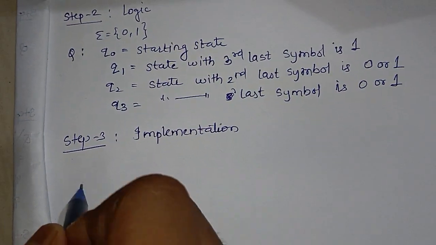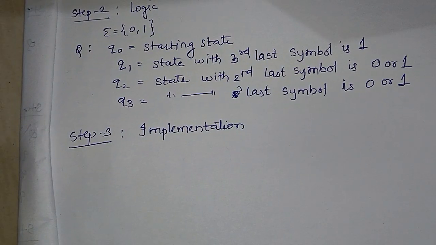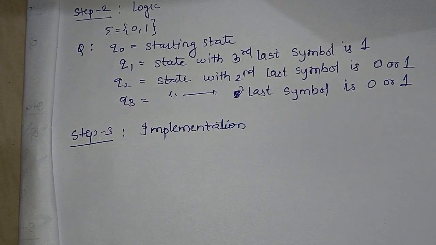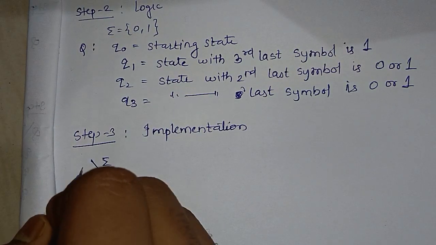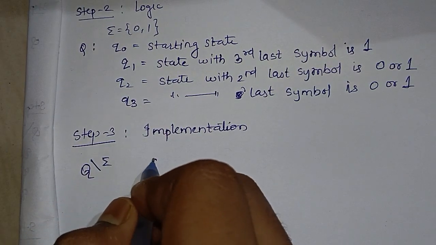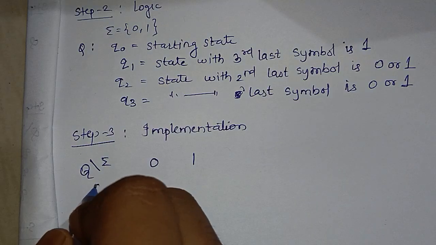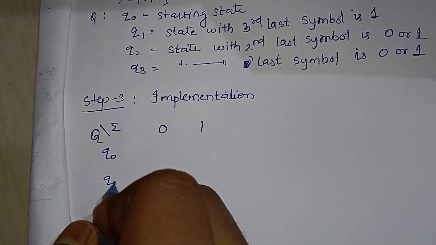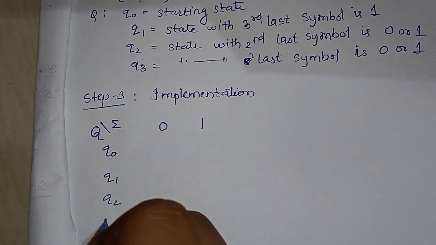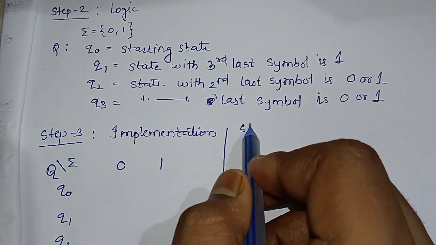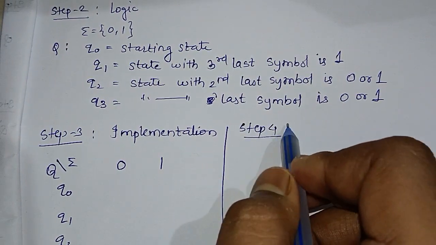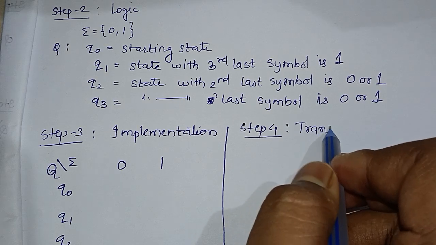In implementation, since it is an NFA, we will show the state transition table, with 0, 1 and Q0, Q1, Q2, Q3. I will first draw the transition diagram. It will help us.